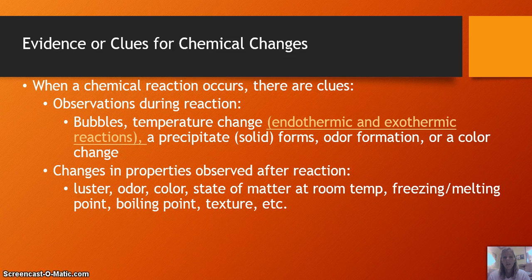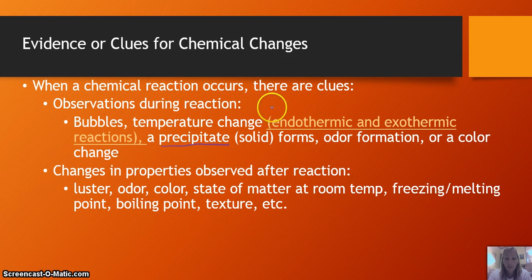Moving on, we're going to talk about some clues that would help you to tell that a chemical change is occurring. Observations during a reaction you might notice would be bubbles forming in the substances after they've been mixed, a temperature change, meaning it could be an endothermic chemical reaction or an exothermic chemical reaction.